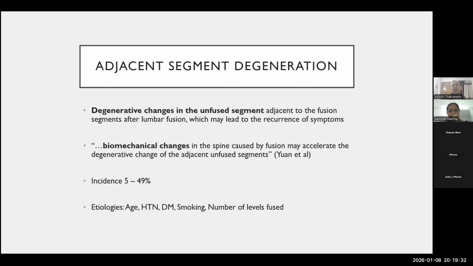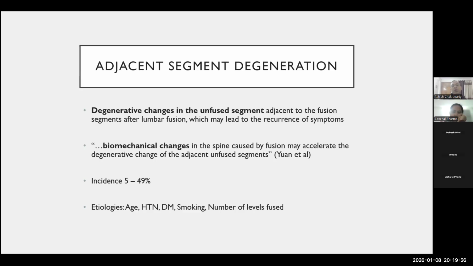Yuan et al. have reasoned that the ASD happens because of the biomechanical changes in the adjacent spine segments, and the biomechanical changes can result in disc degeneration or spondylosis, even involving the pars and the facet joints.